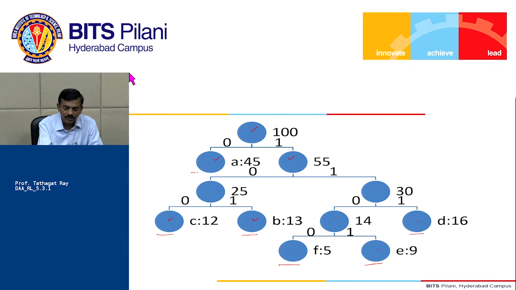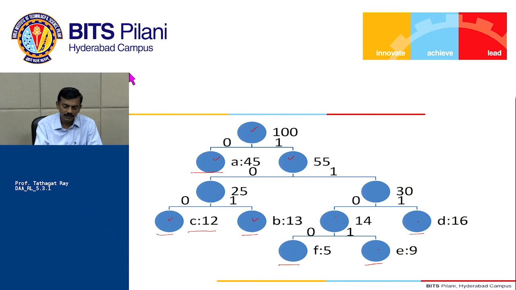correspond to some character. What is a character here? The character corresponding to this leaf node is A, whose frequency is 45,000. I've just ignored the 1000. Then this one corresponds to the character C, whose frequency is 12,000.